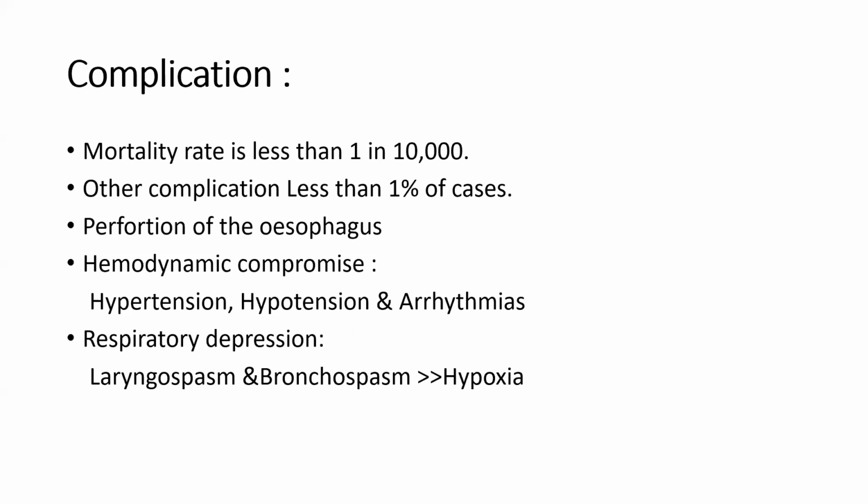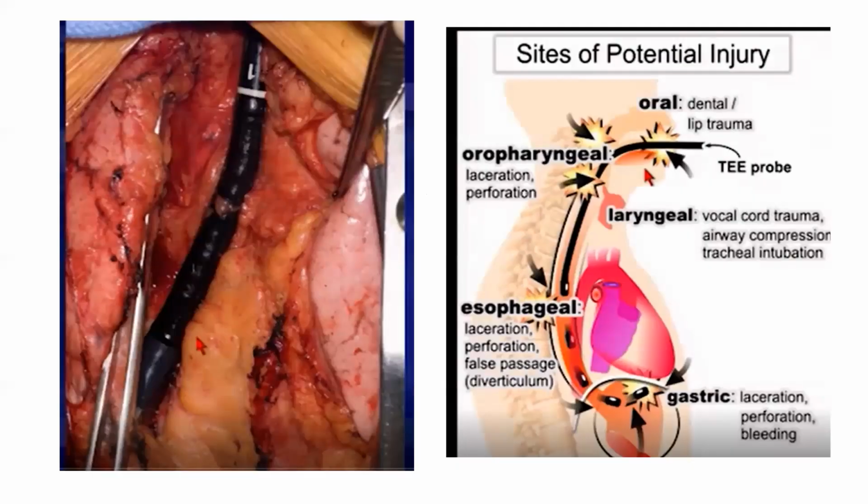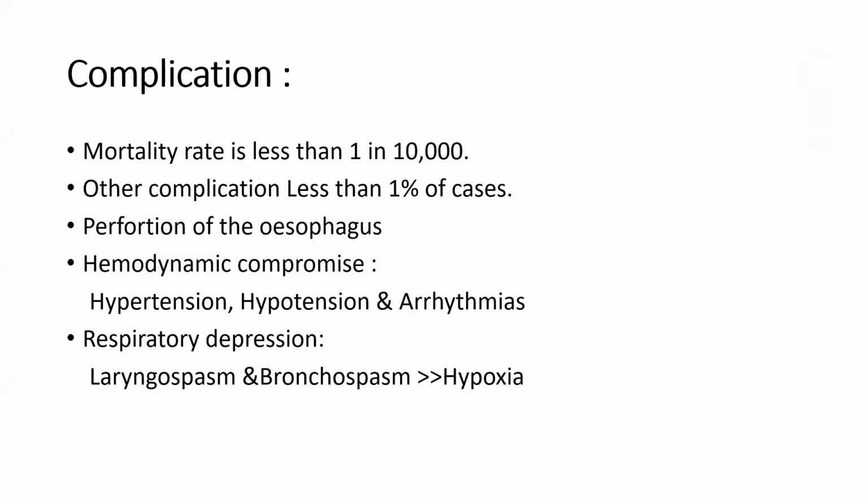If you give a higher dose in a patient with liver or renal disease, he might develop deep sedation. At that point, the patient will develop hypoxia because he cannot protect his airway. So you can immediately reverse him with flumazenil and naloxone, of course.